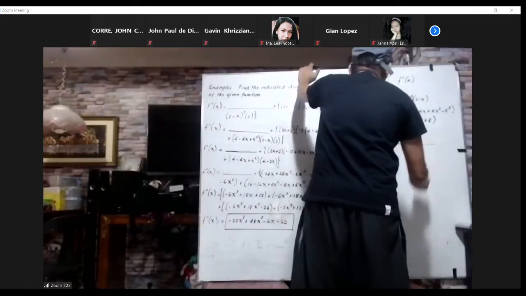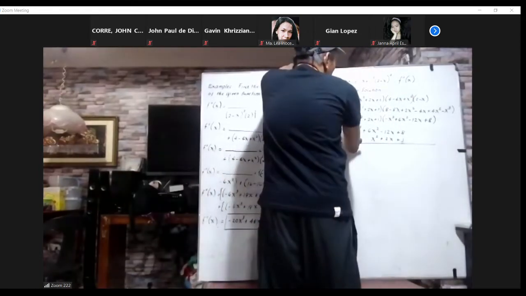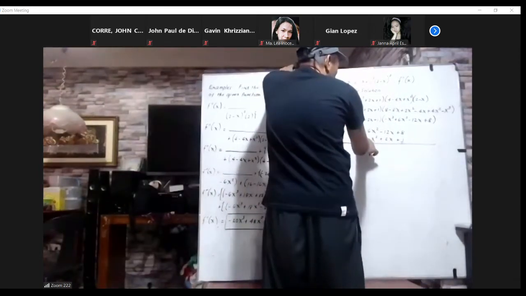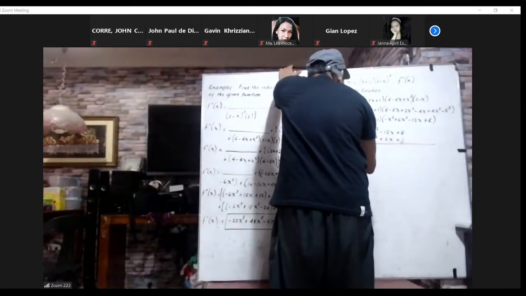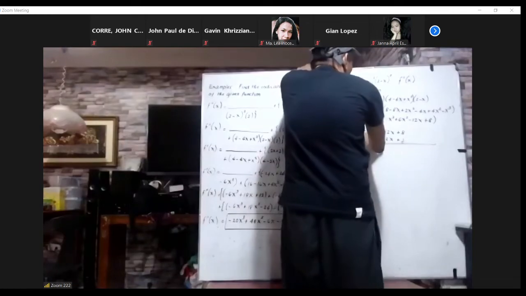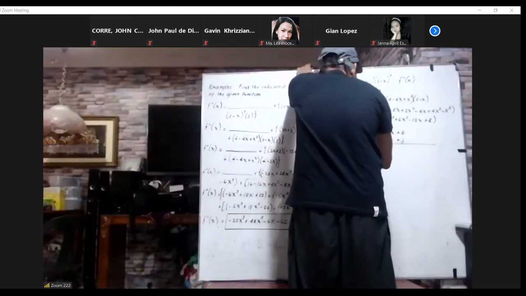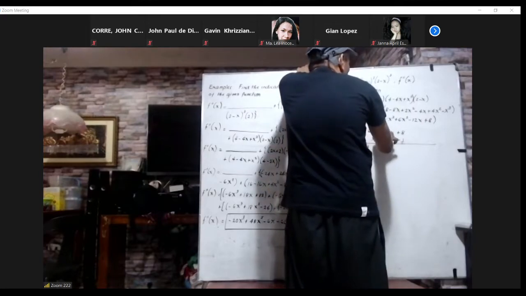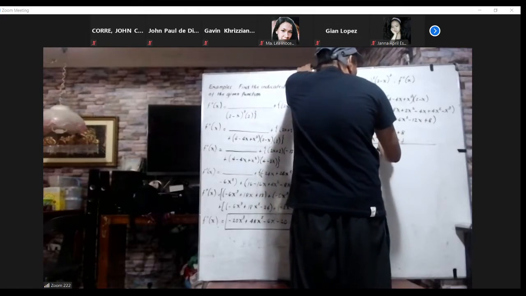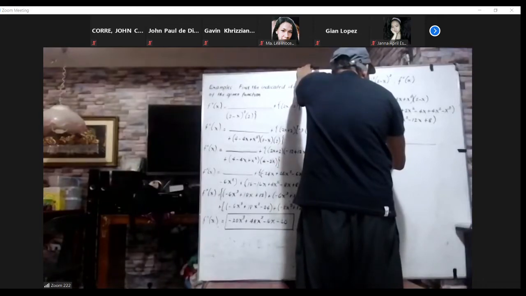Okay? So, ayan ha. Negative x cubed times x squared is equal to negative x to the fifth. Okay? 6x squared times x squared, positive 6x to the fourth. Negative 12x times x squared, negative 12x cubed.